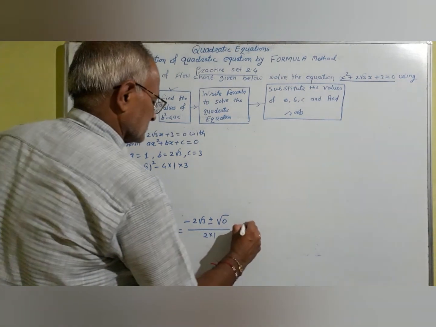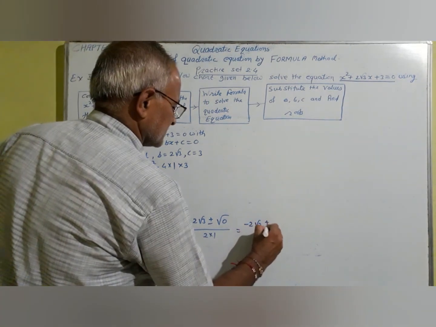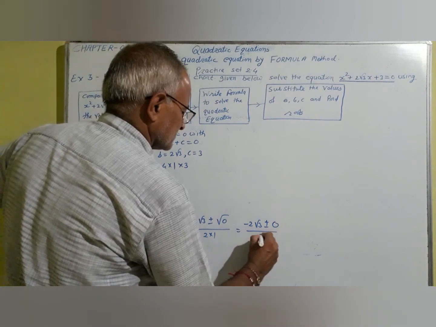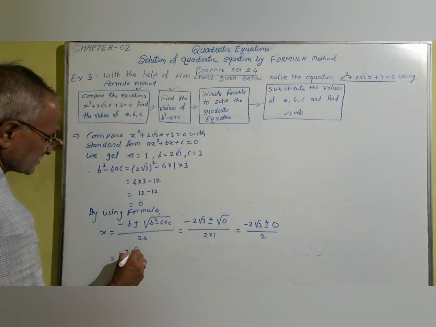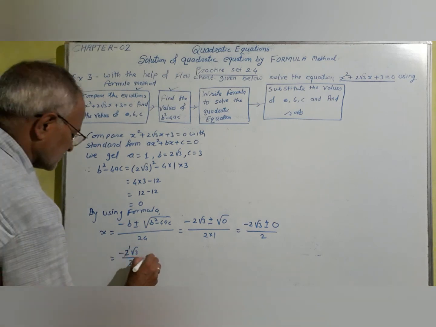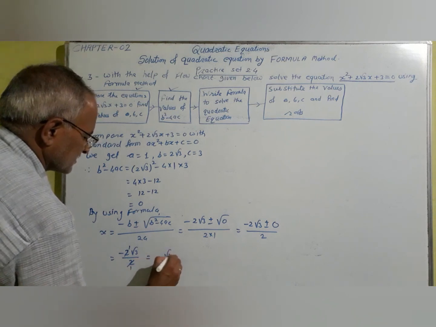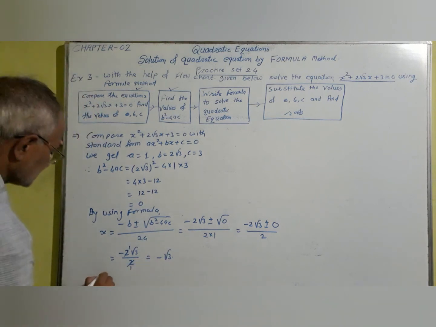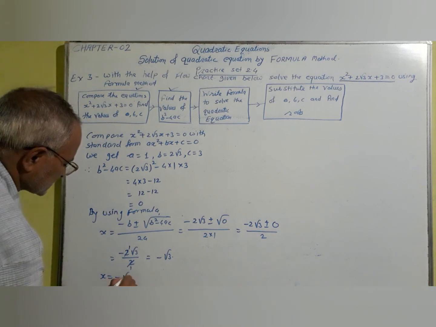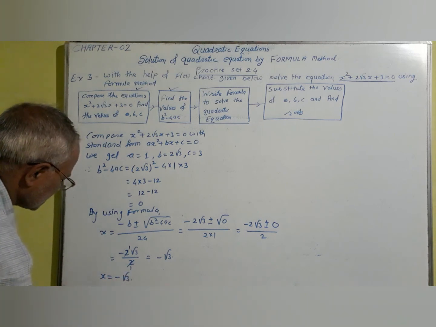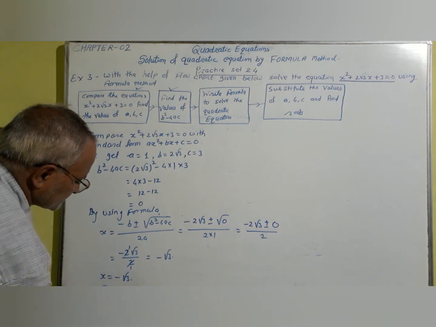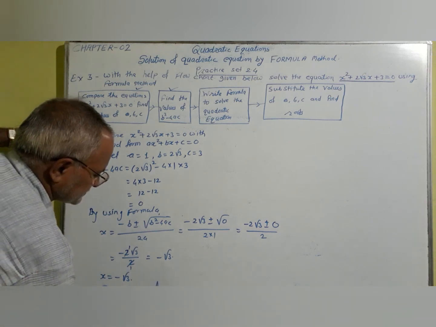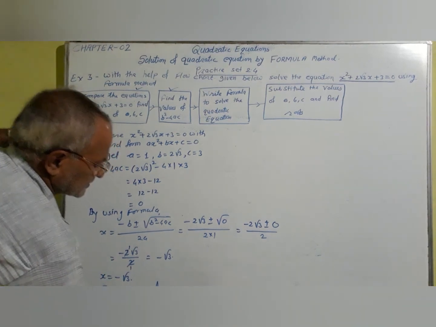That is equal to minus 2 square root 3 plus or minus 0 upon 2 1 is 2, is equal to minus 2 square root 3 upon 2. Now 2 ones are 2. That is equal to minus square root 3. And therefore x is equal to minus square root 3. And therefore minus square root 3 is a root of the given quadratic equation.